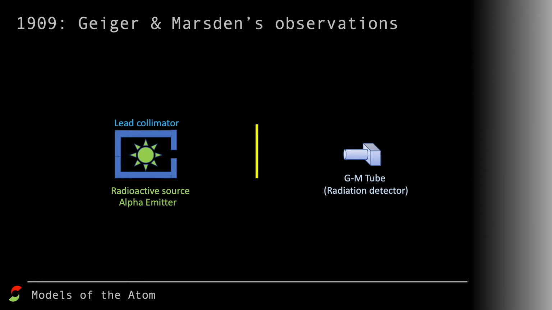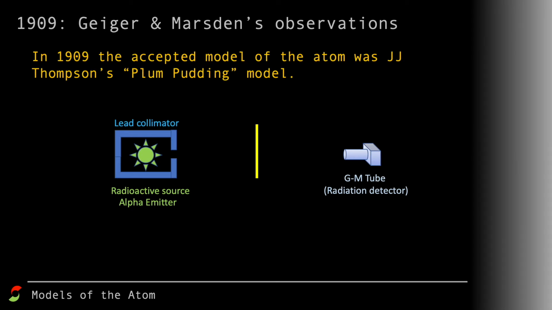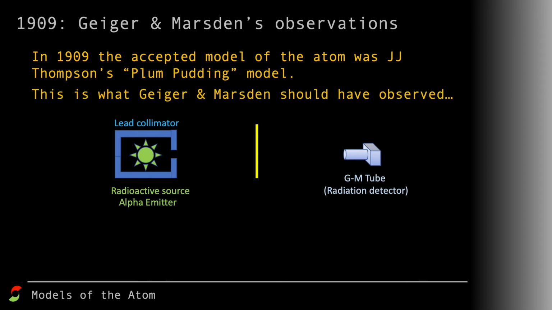So in 1909, what were Geiger and Marsden's observations doing this experiment? Given that at that time the accepted model of the atom was J.J. Thomson's Plum Pudding model, Geiger and Marsden should have observed the alpha particles passing straight through, undeflected.